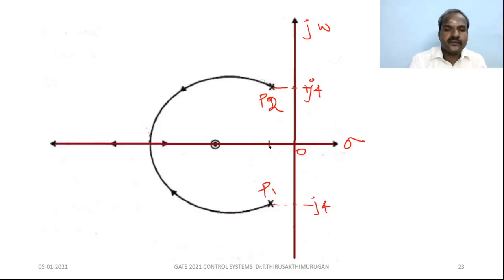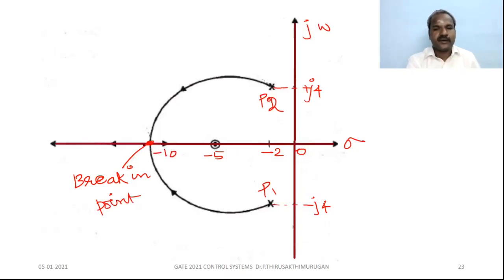This is minus 2, this is minus 5. So this direction, this is the break point, this is called break-in point. So what is the break-in point? Minus 10 is the break-in point.